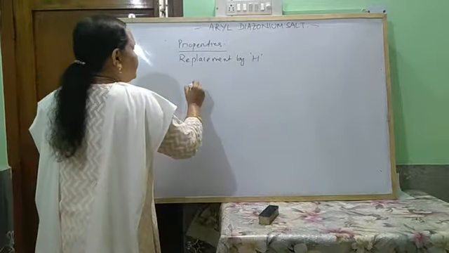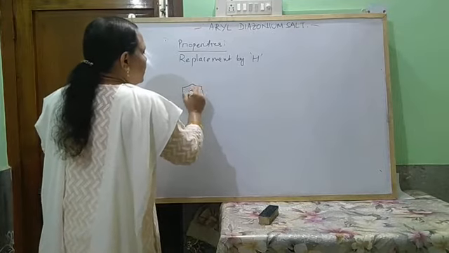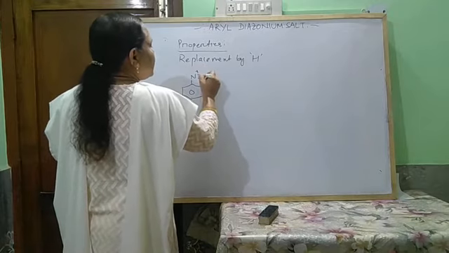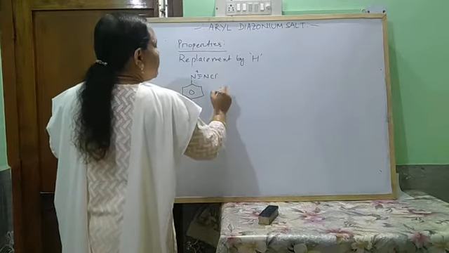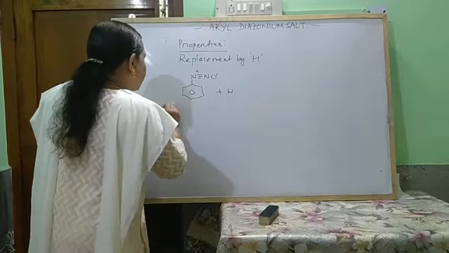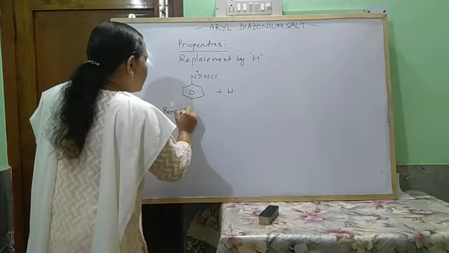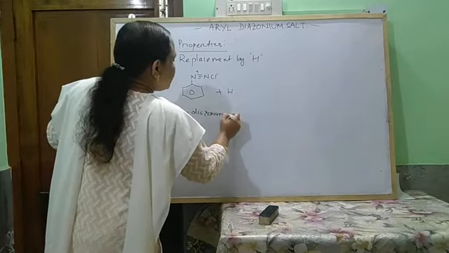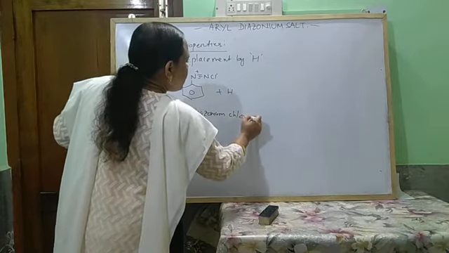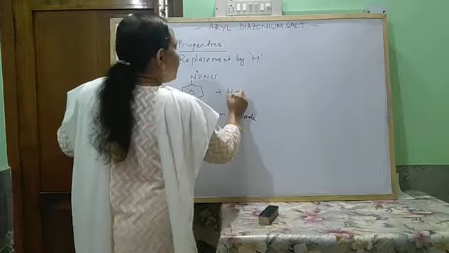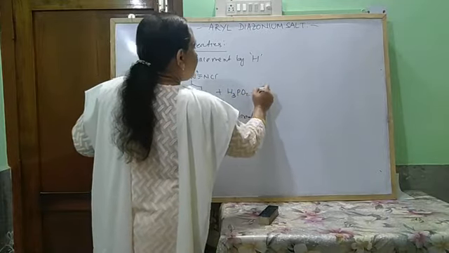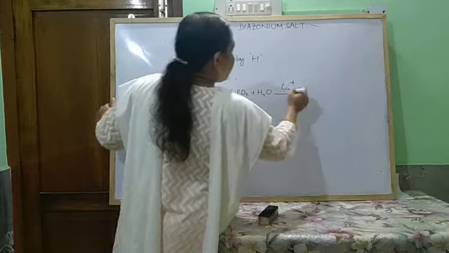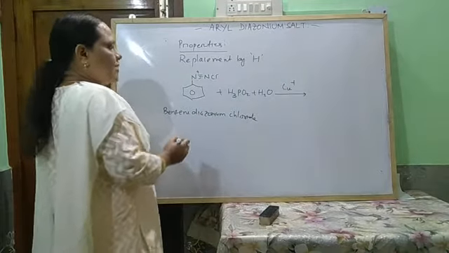Look here, N2+ Cl minus, this is benzene diazonium chloride, with H3PO2 and water in presence of a cuprous salt such as cuprous chloride.